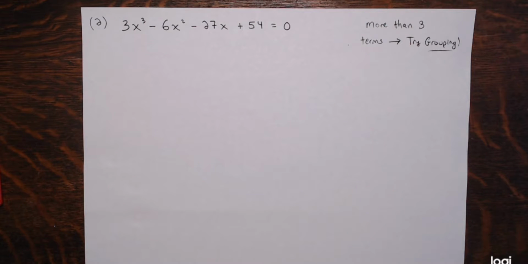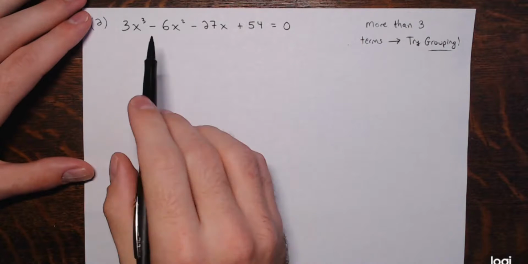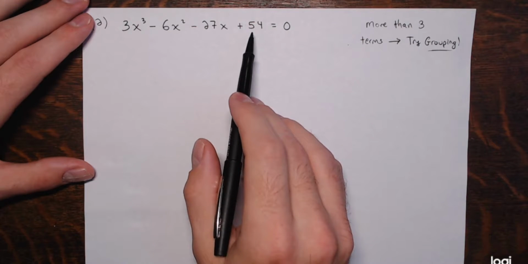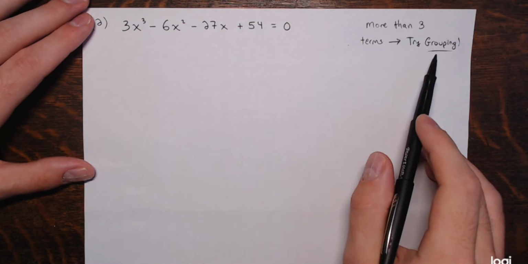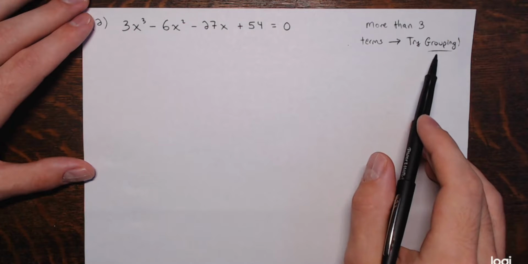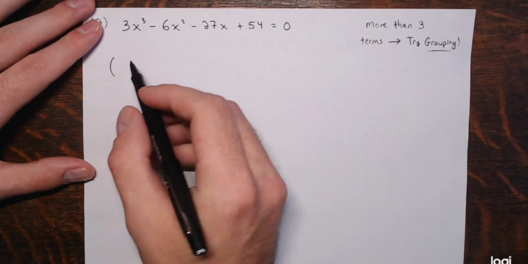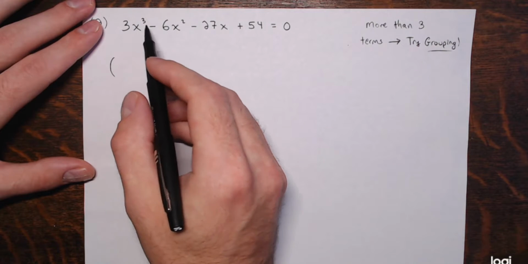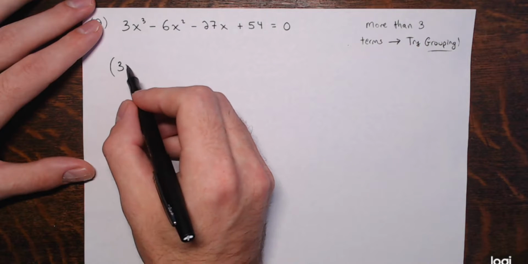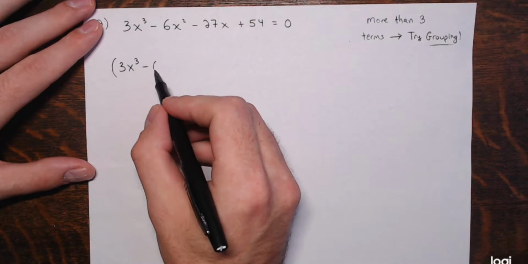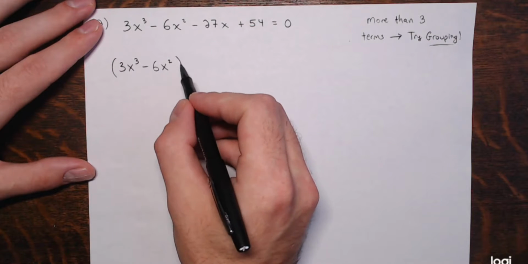Usually, depending on what text you're looking at, especially if it's an introductory algebra text like this one, for a 4-term polynomial that could be factored by grouping, the best start is by cutting it into 2 groups of 2. So here comes the grouping part. In one group I'll put the first 2 terms, 3x cubed minus 6x squared, close the parentheses.